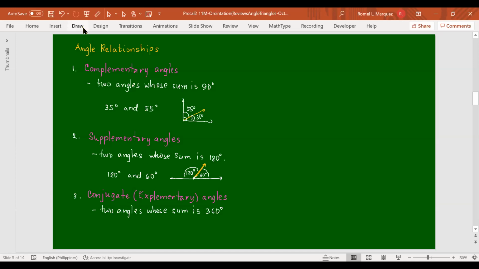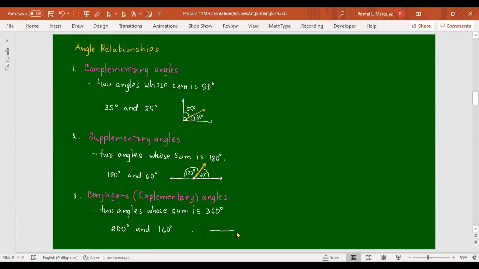So examples, of course, we have 200 degrees and 160 degrees, right? So if I have 160, how large is 160? Almost 180, no?